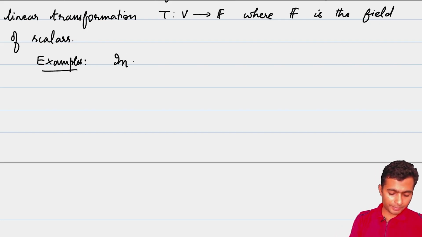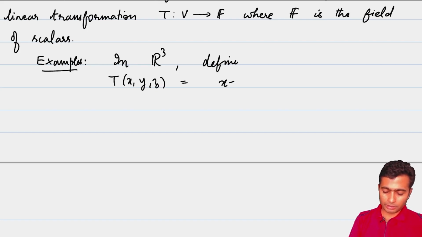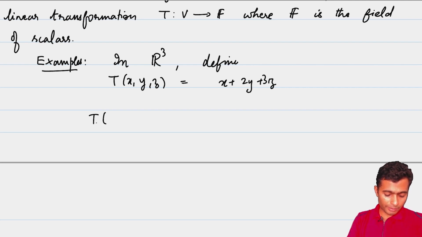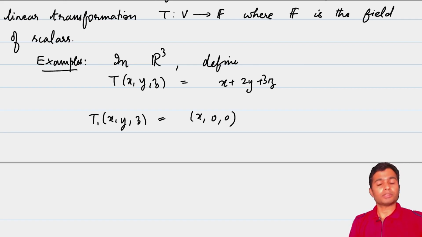So in R3, let's define T of say (x, y, z) to be something like x plus 2y plus 3z. This is an example of a linear functional. Another linear functional would be T1 of (x, y, z) equal to (x, 0, 0). This is another linear functional.